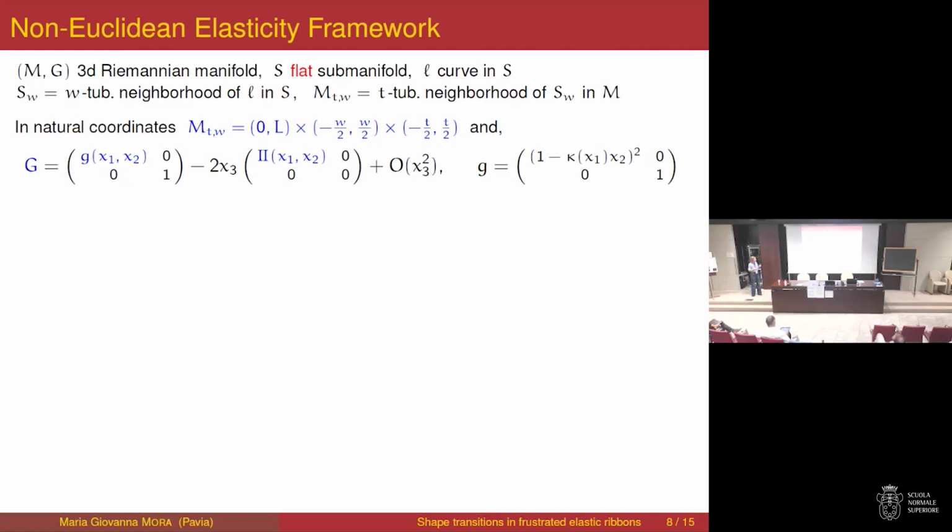I will comment about that at the end of the talk. What will play the role of the target metric is simply the restriction of the metric capital G to the mid-surface, while the tensor that will play the role of the target curvature is the second fundamental form of the mid-surface inside the manifold M.